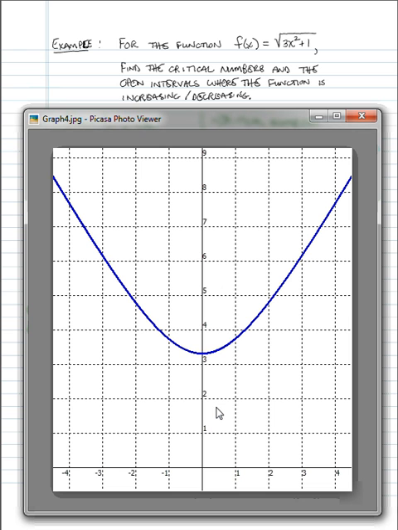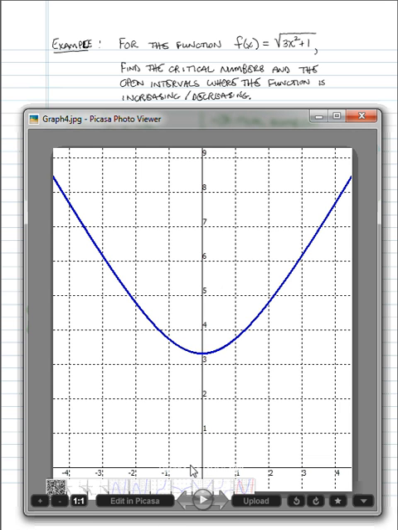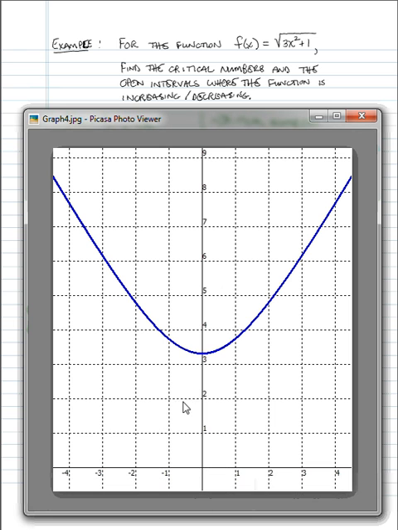Apparently this isn't exactly the correct graph, but you do get the idea. X equals 0 being the critical number, so to the right of 0, when x is greater than 0, the graph is increasing. To the left of 0, when x is smaller than 0, that's out here, of course the graph is decreasing. And that's what we needed to see in this example.